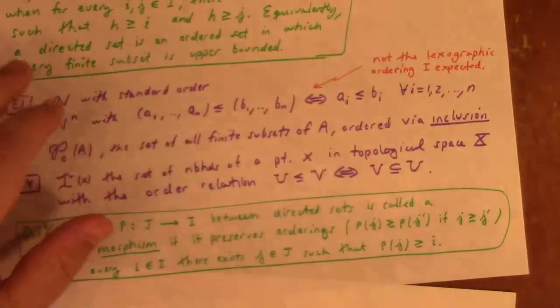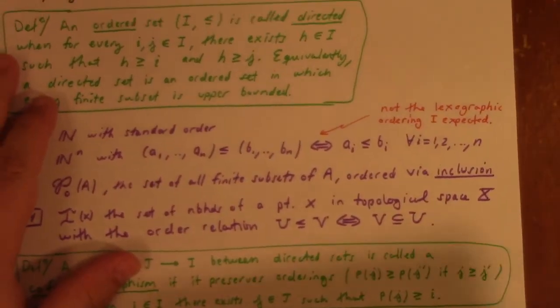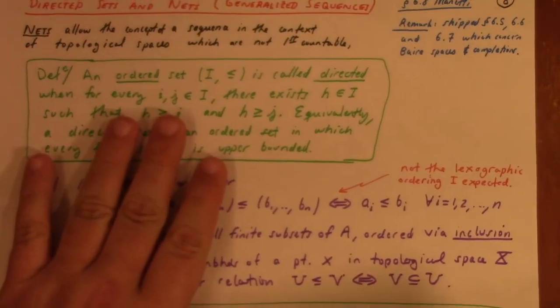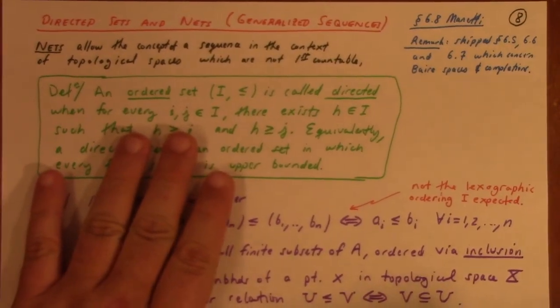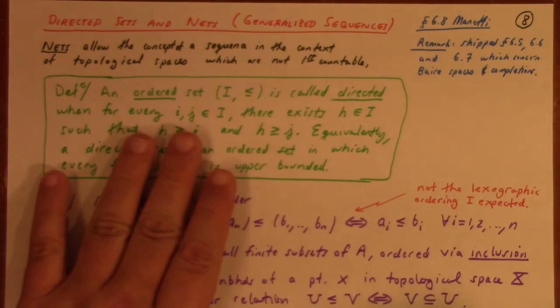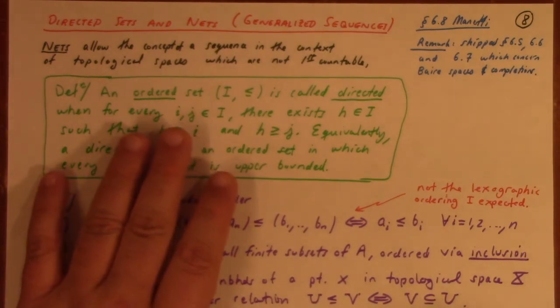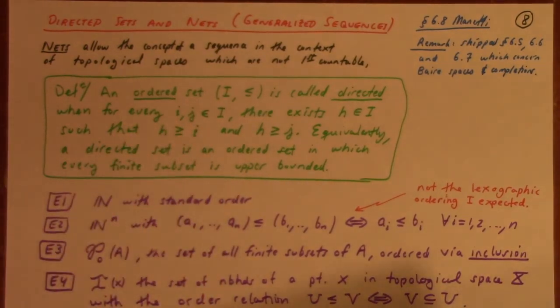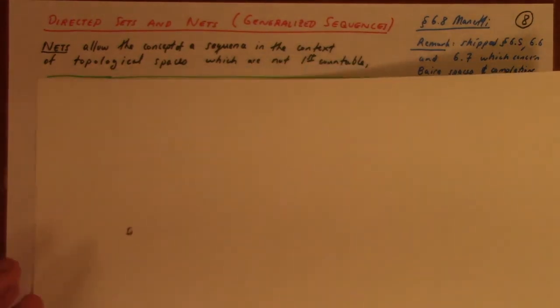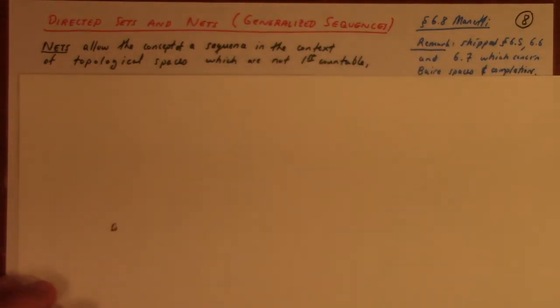Now, I should move on here. We started this chapter 6 by talking about sequences, but ultimately sequences fail. The concept of a sequence is fine if you've got a first countable space, but you don't always have a first countable space, and so certain problems require a concept which is deeper and more versatile than a sequence.